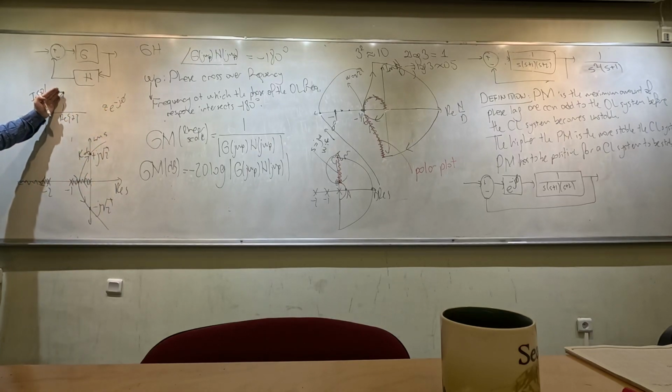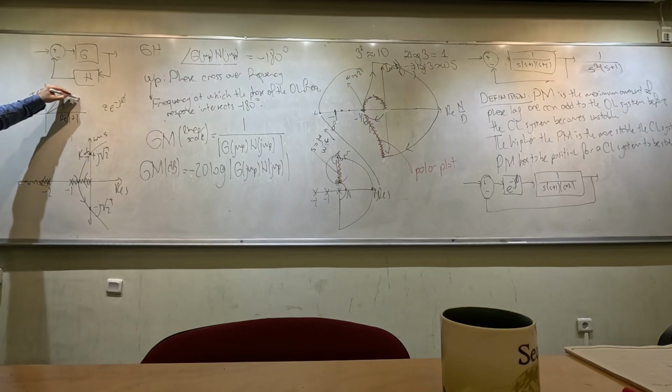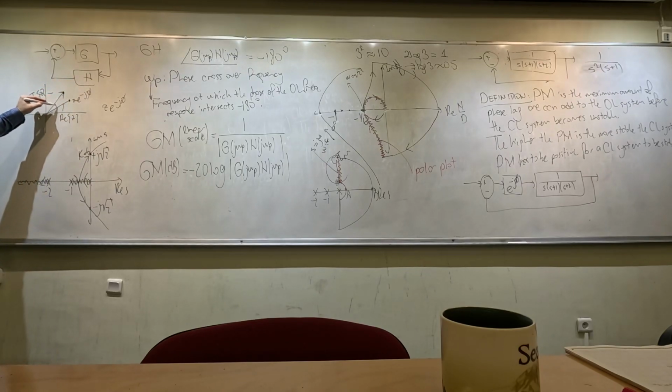So are we going to rotate this clockwise or counterclockwise? If phi is positive, I'm going to rotate it clockwise by the angle phi. So this is going to be my z times e to the minus j phi, and this is my angle phi.